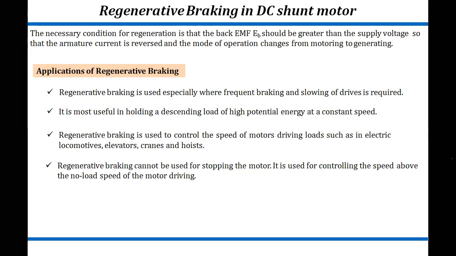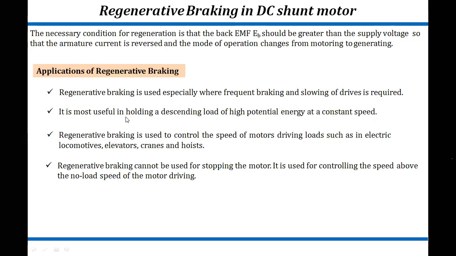So here, there are some applications for regenerative braking. We can use regenerative braking where there is a gradient, where frequent braking is needed, and where slowing of drivers is required.